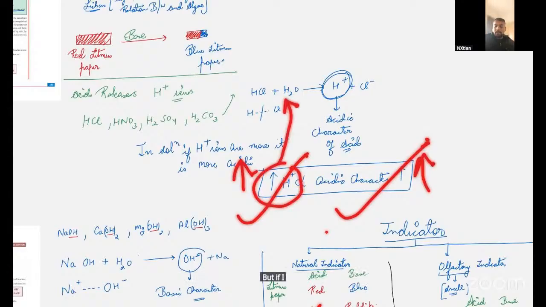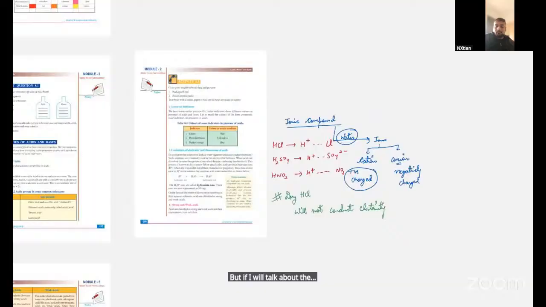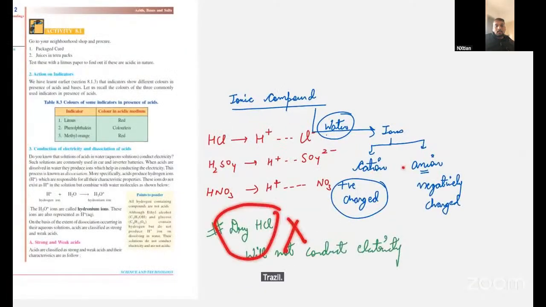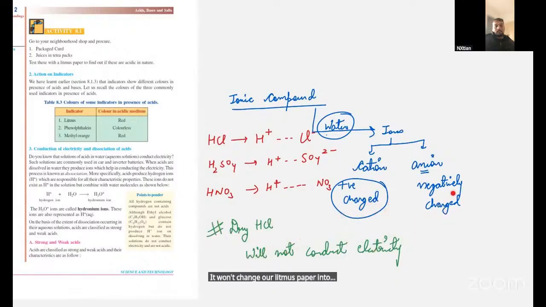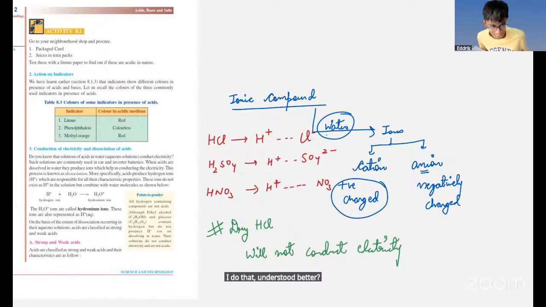If I talk about dry HCl, it means no water, which means no H plus ions, which means no acidic character. It won't change litmus paper into red also. Did you understand, guys? David, are you there?